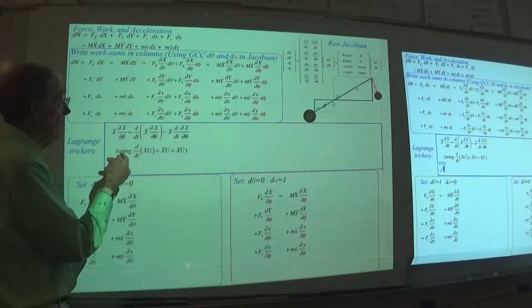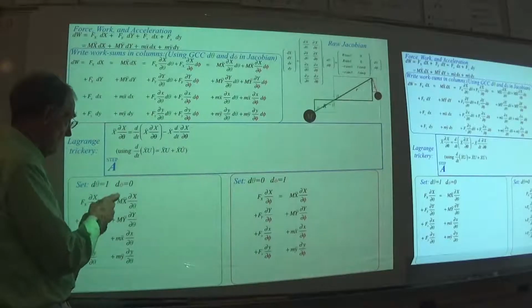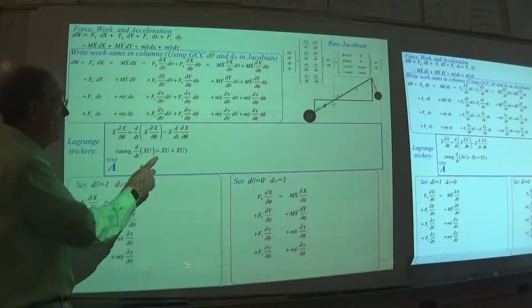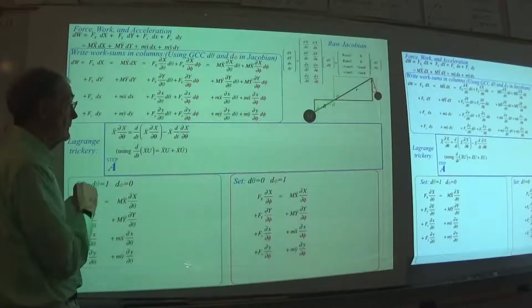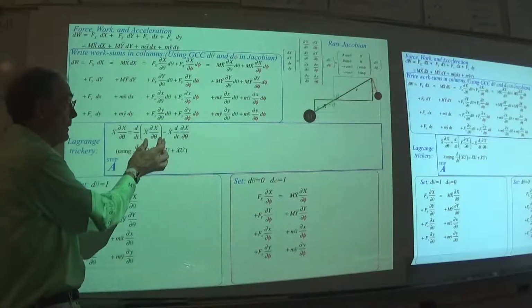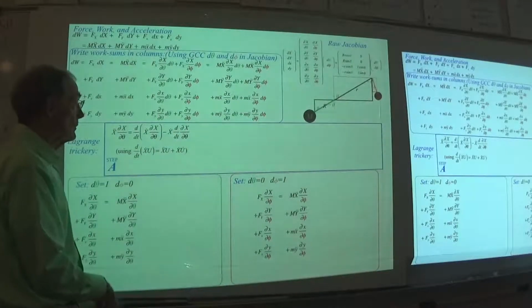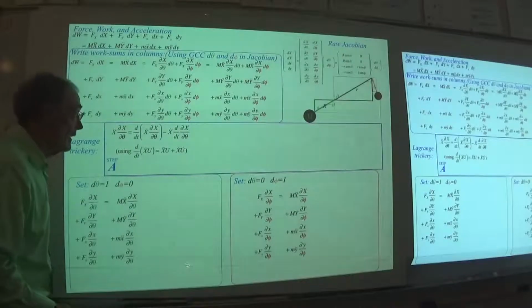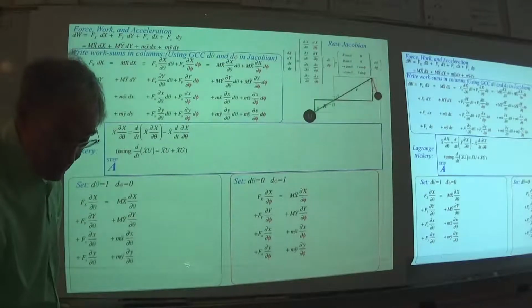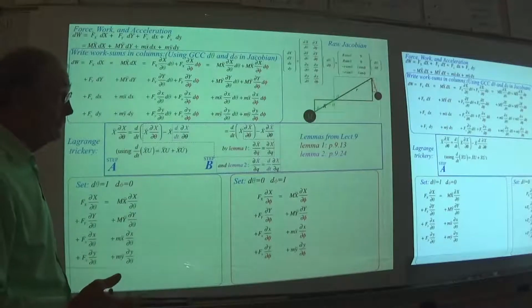And so the product rule allows us to rewrite each of these expressions in that form: the derivative of this product minus x dot times the time derivative of that. That's what's going on there. And step A of Lagrange's trick. And then we have two lemmas, if you recall.